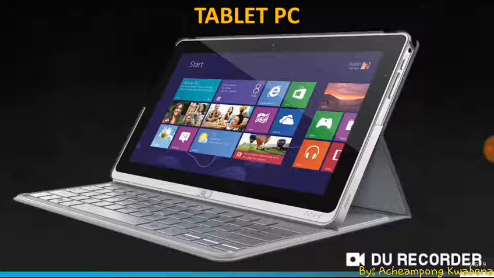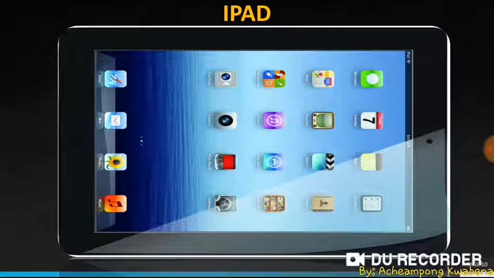We have a tablet, as we can see over here. Then it's connected to an external keyboard. So the tablet PC is also an example of a computer. Then we have the iPad. It looks similar to that of the tablet. This is made by Apple company, and it's also an example of a computer.